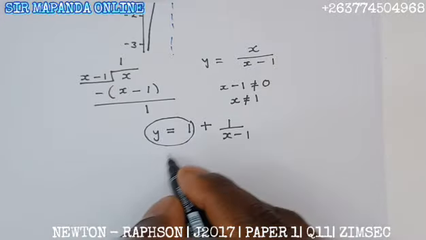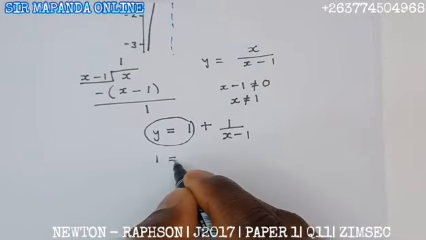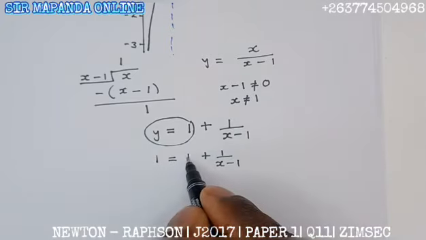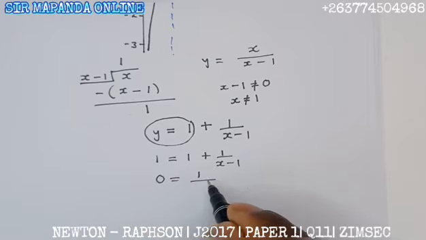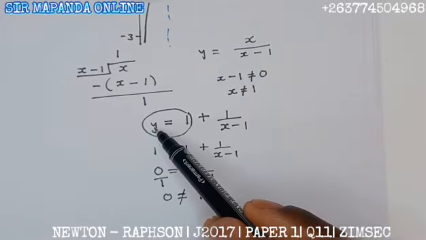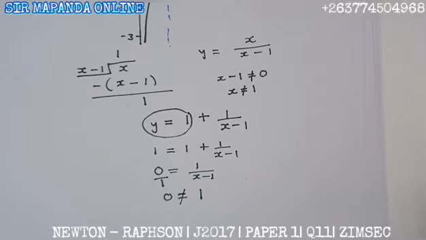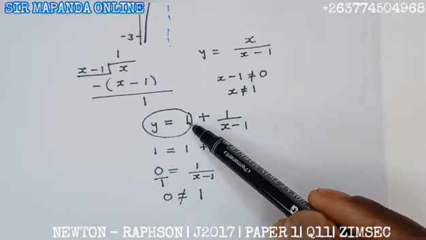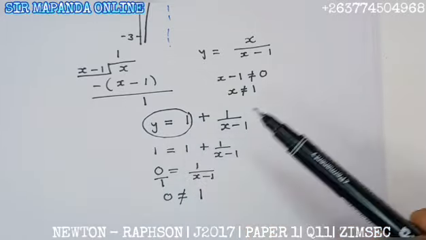Why? Because if you put 1 on y, you get 1 is equal to 1 plus 1 over x minus 1. Then moving 1 to the left, you get 0 is equal to 1 over x minus 1. If you cross multiply, you can notice that x minus 1 times 0 gets 0, of which 0 cannot be equal to 1. So if you put y is equal to 1, it means it is invalid because we reach a stage where 0 is equated to 1, which does not exist. So in simple terms, carrying out the long division, the number that you get here is another asymptote. I hope you are listening.